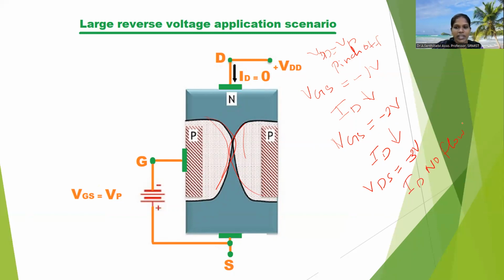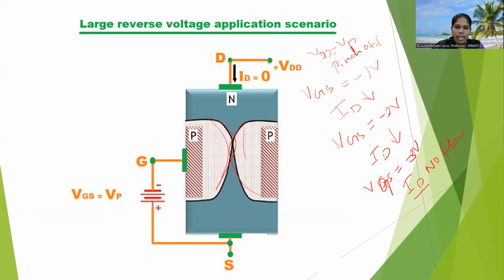It means that here the input voltage VGS controls the current flow ID. That's why this FET is called a voltage control device. The output current ID is controlled by the input voltage VGS.